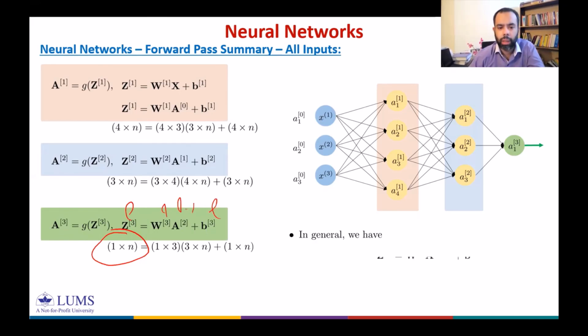This is the equation for any layer, relating the pre-activation output ZL with the input A L minus 1 to the layer. And we can pass ZL through the activation function to obtain the output of the Lth layer. And we have these equations for every layer 1, 2, 3, up to L.